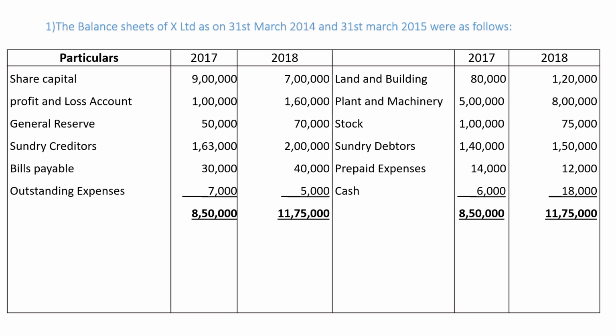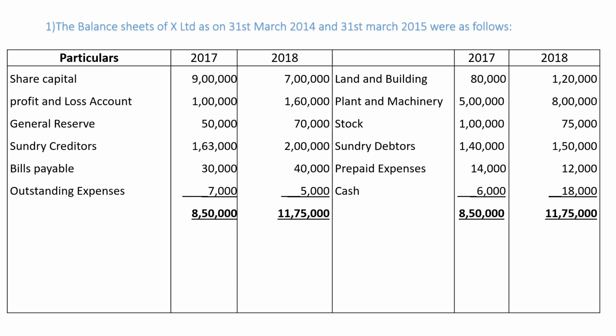Share capital 9 lakhs, 7 lakhs; profit and loss account 1 lakh, 1,60,000; general reserve 50,000, 70,000; sundry creditors 1,63,000, 2 lakhs; bills payable 30,000, 40,000; outstanding expenses 70,000, 5,000.